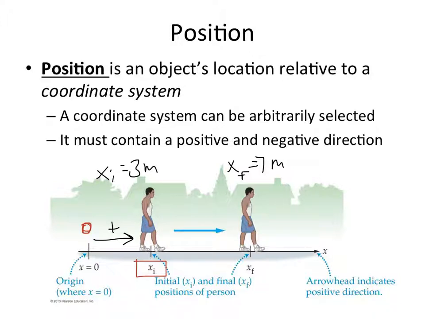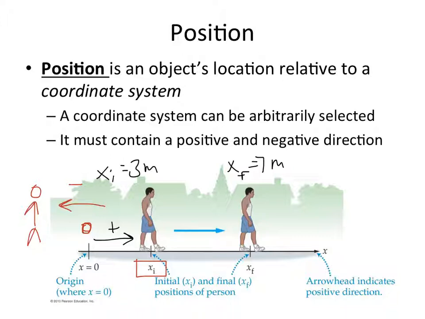Okay, so wherever we have an arrowhead, that indicates a positive direction. So as you move more this way, he's going to get more and more positive. Or as I sometimes like to say, positiver and positiver. Okay, now if you were to move this way, he'd be going negative, and so his position would decrease, even to the point where if he were over here, he would have a negative position.